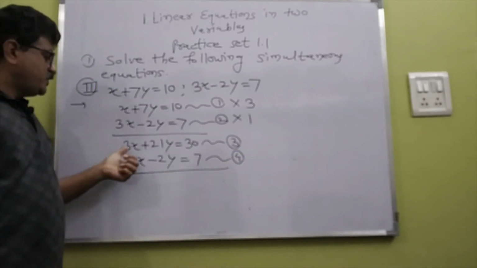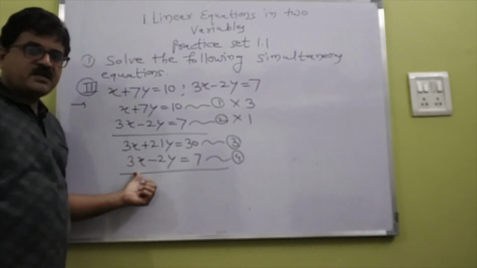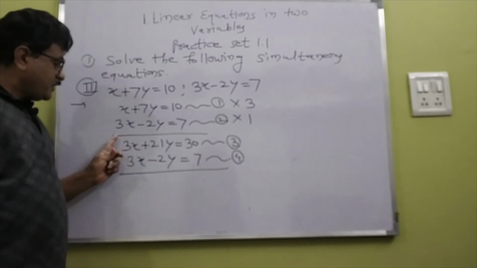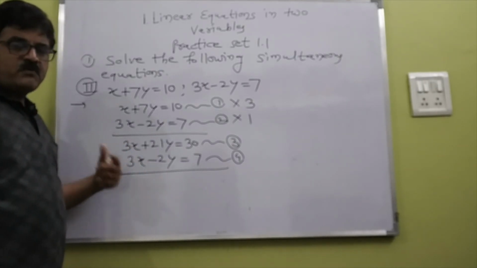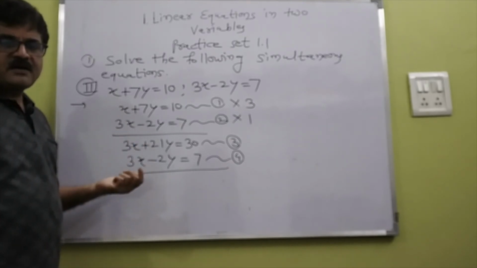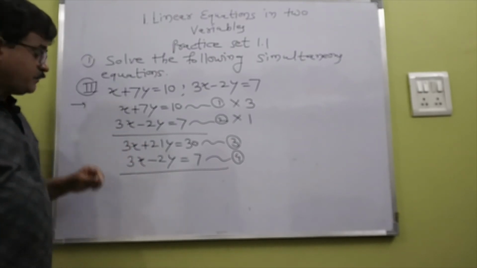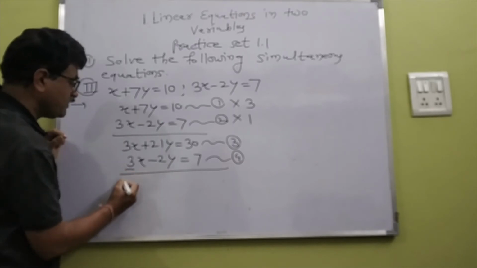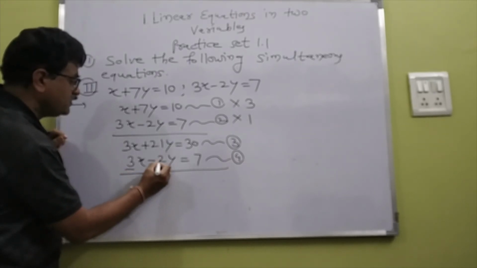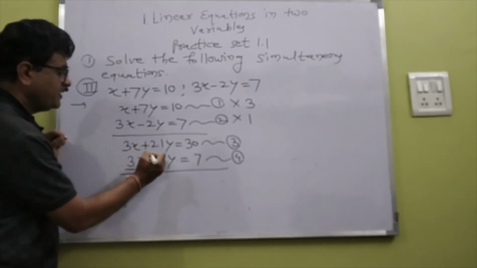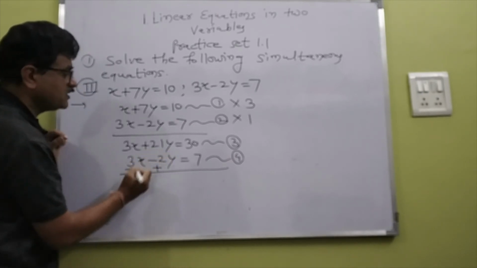Now in these equations, their coefficients are equal and their signs are also equal, therefore we have to take subtraction. Therefore this is minus. This minus 2 becomes minus minus, which is plus. This term is not minus, this is plus.